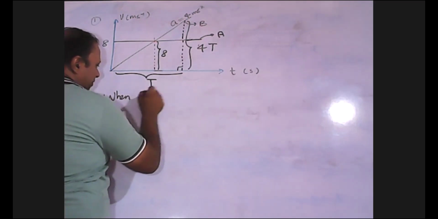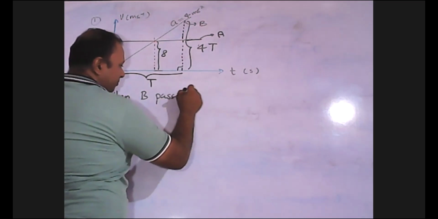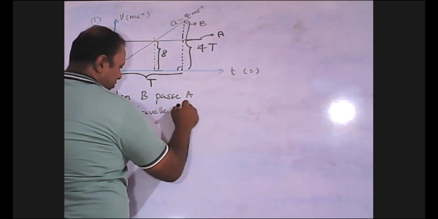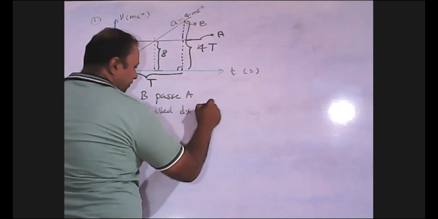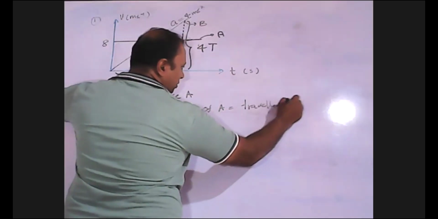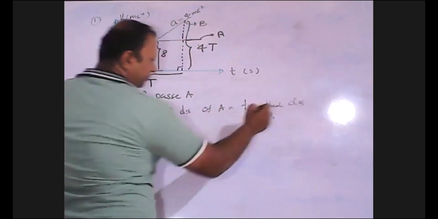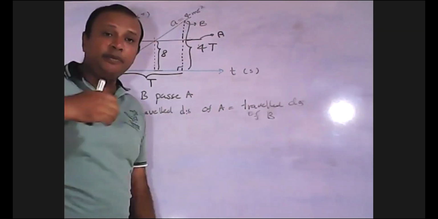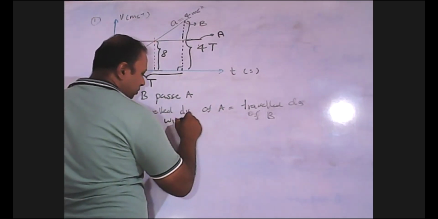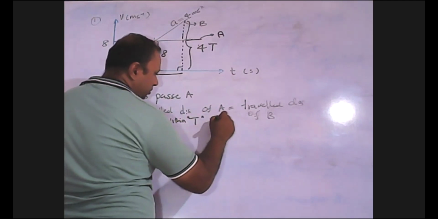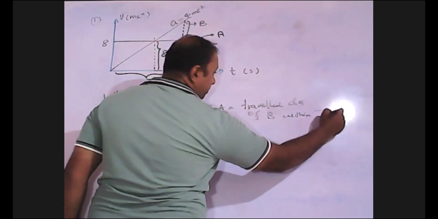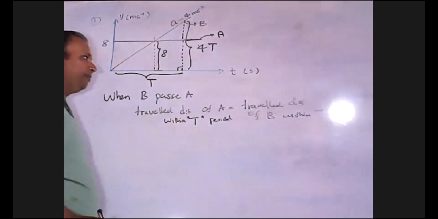When B passes A, the travel distance of A should be equal to the travel distance of B within a particular time period, within simple t only, within capital T period.